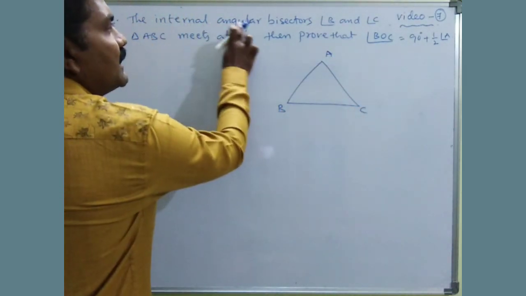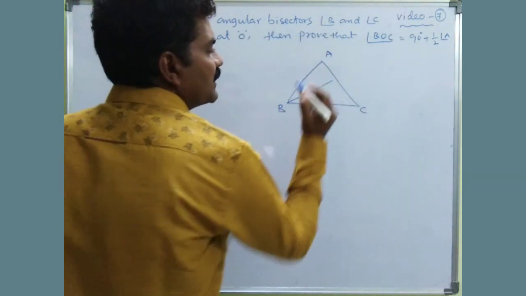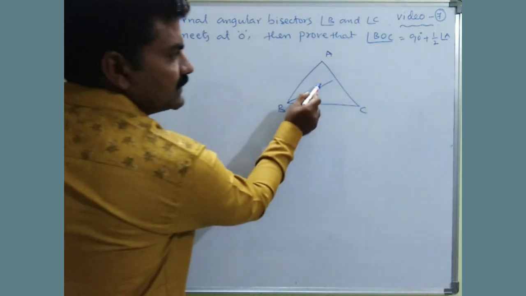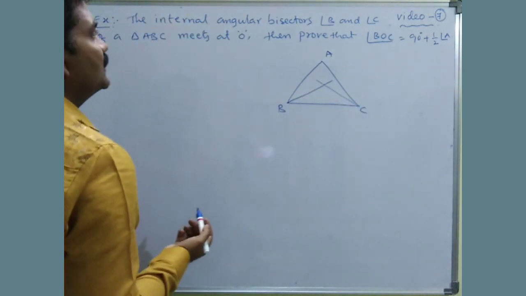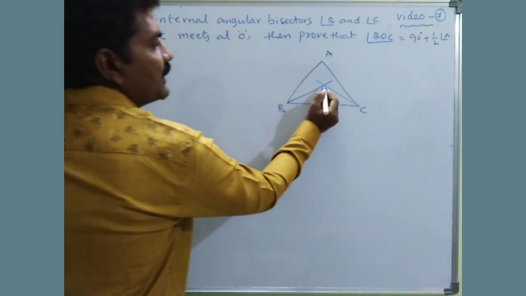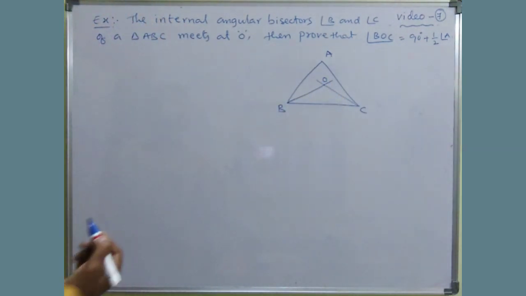Given that the internal angular bisector of angle B, let it be one of the angular bisectors, and this is the internal angular bisector drawn at C. Both meet at a point O. Then prove that angle BOC is equal to 90 degrees plus half of angle A.